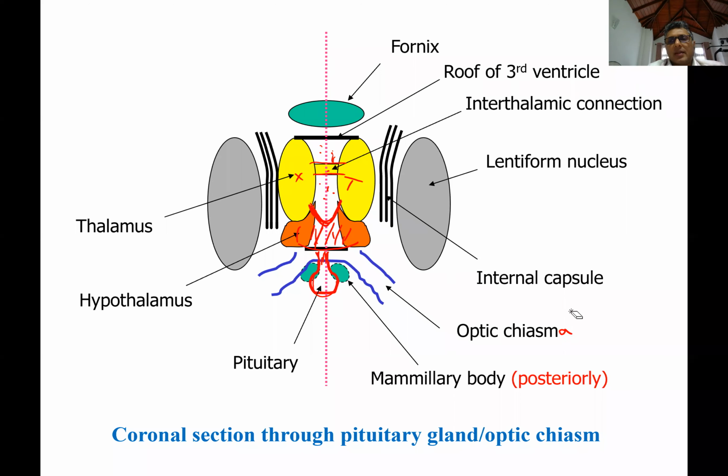Both are correct. The crossing of the optic nerves, the optic chiasm, actually lies anteriorly, even though I have drawn it like this. And these mammillary bodies, even though I have drawn them like this in this diagram, actually lie posteriorly. I wanted to include it here, but it's not correct. If you draw it, it should be on the posterior side.